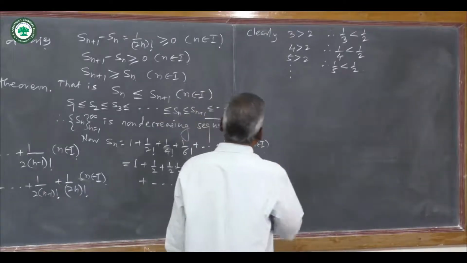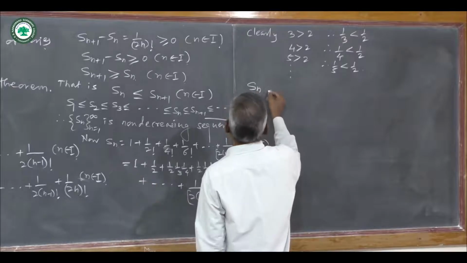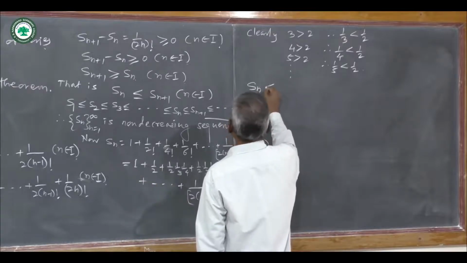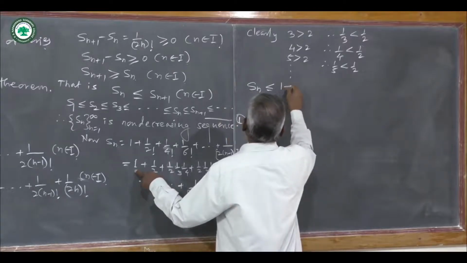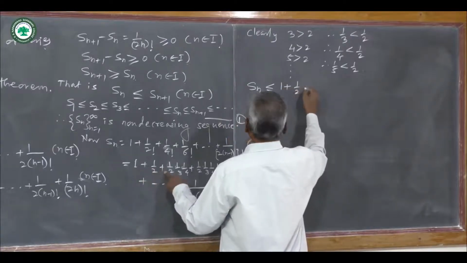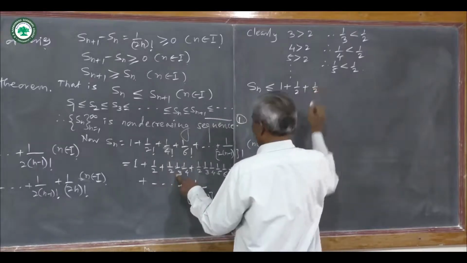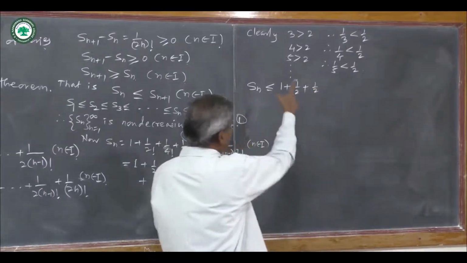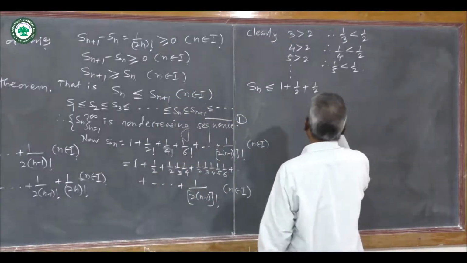Therefore, Sn can be written as less than or equal to 1 plus 1 by 2 plus 1 by 2 into 1 by 3, which is replaced by 1 half, and 1 by 4 is less than 1 half.